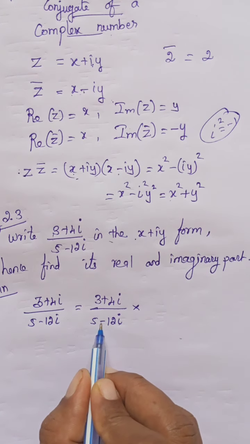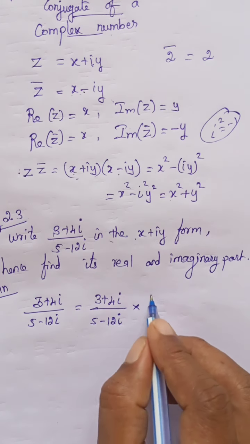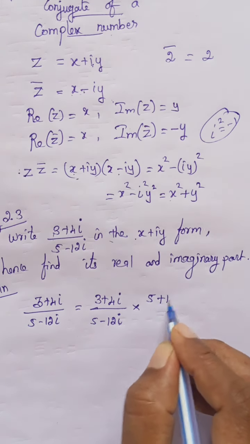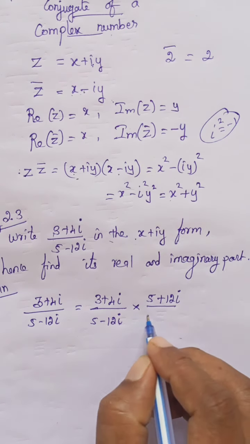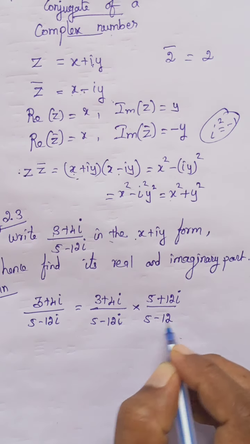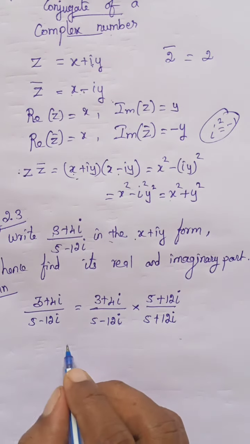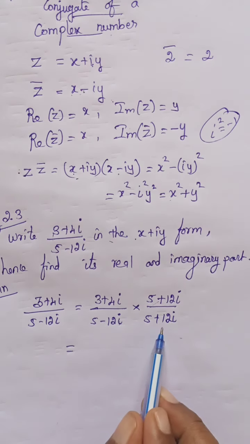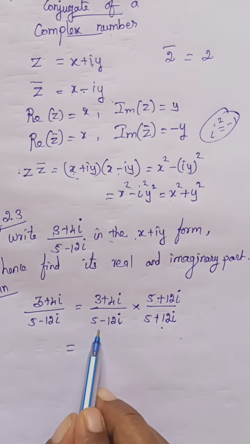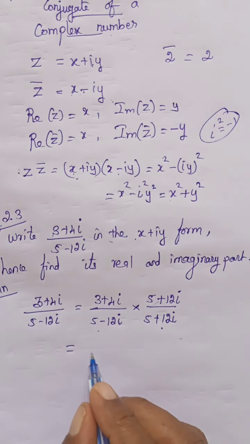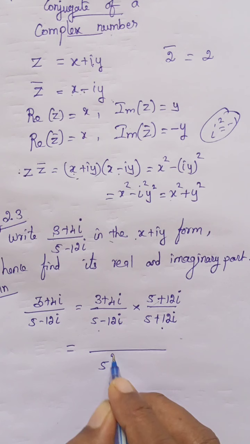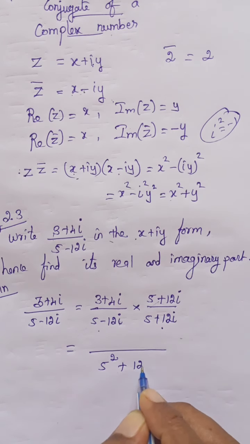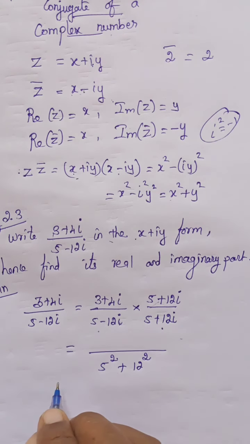Conjugate means this minus i will become plus i. So I may get 5 plus 12i divided by 5 plus 12i. Value is not getting changed, isn't it? Now see here, product of a complex number and its conjugate. So here directly I can write the denominator is 5 square plus 12 square.